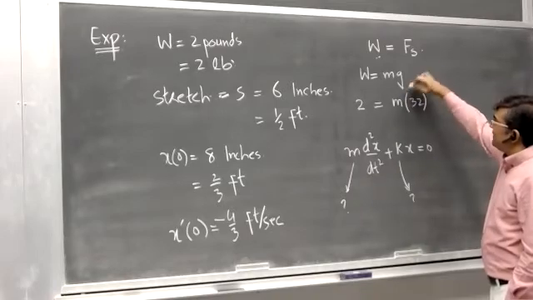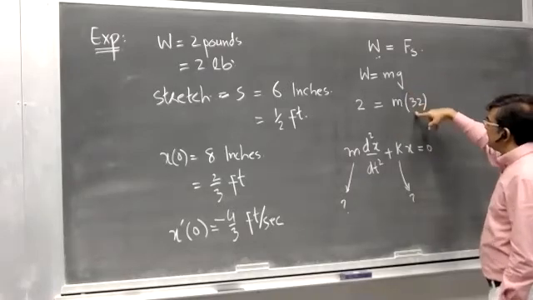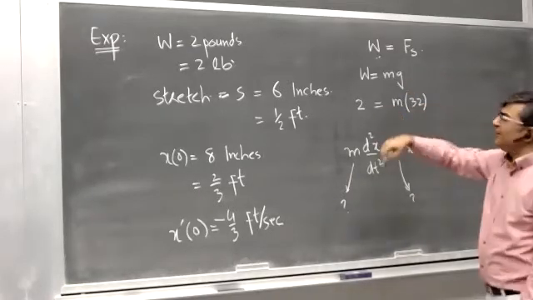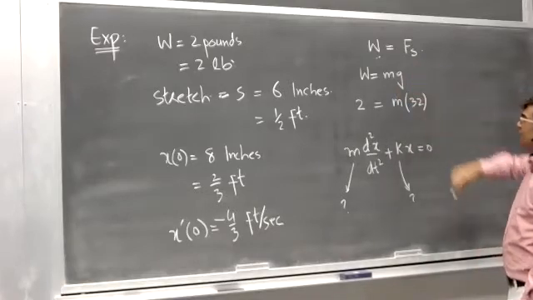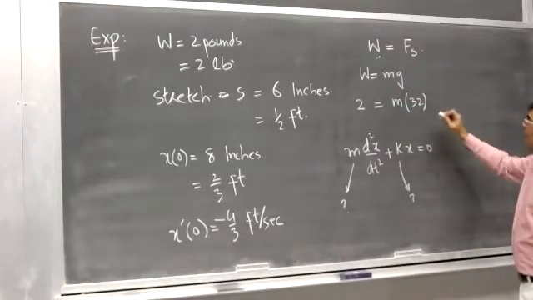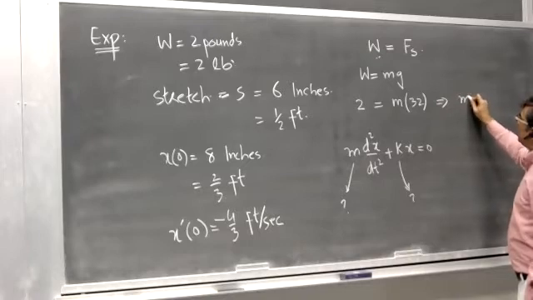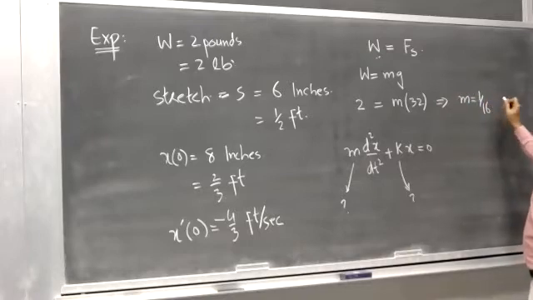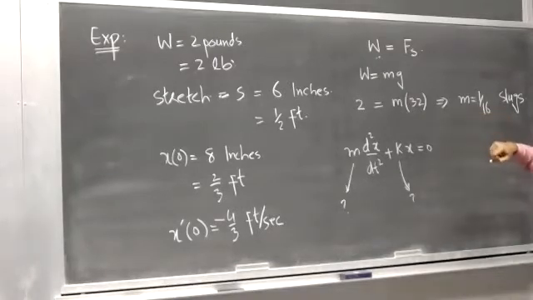So in the British system, g is taken as 32 feet per second square, because it's the gravitational acceleration. If we solve it, we can obtain m is equal to 1/16 slugs. It is again the British unit of mass. We have to consider this thing.